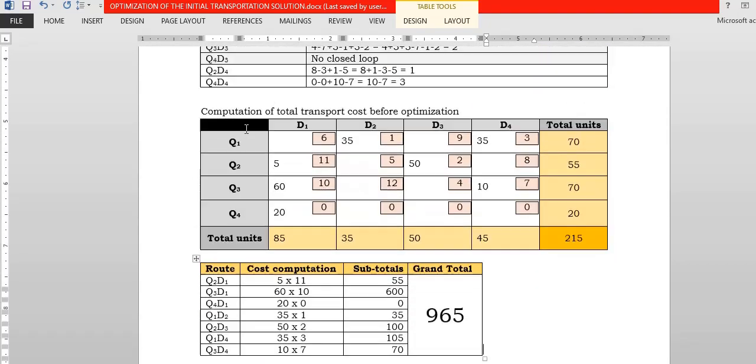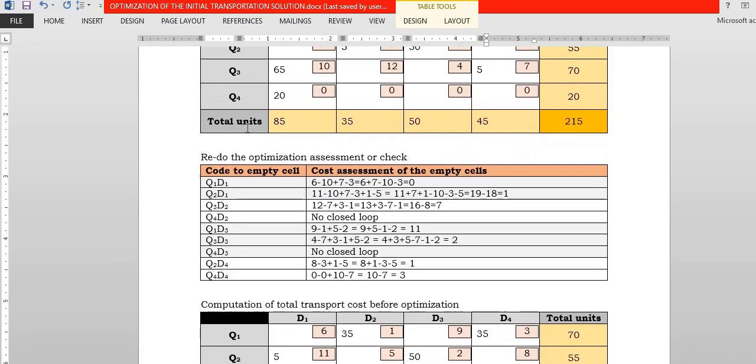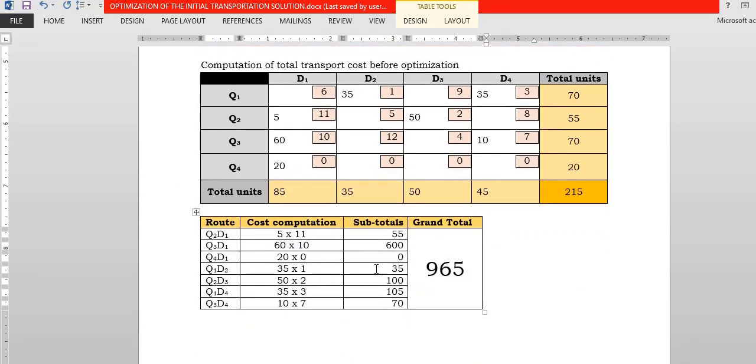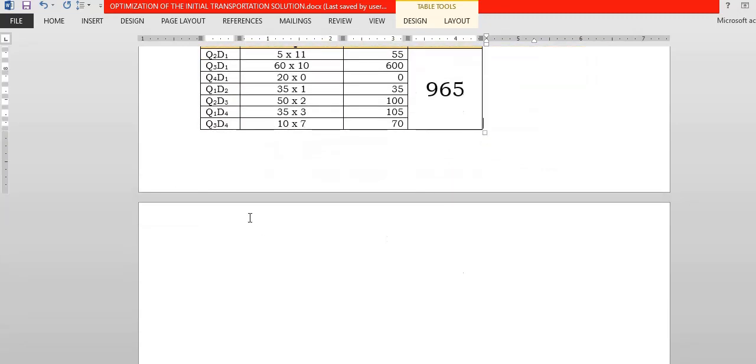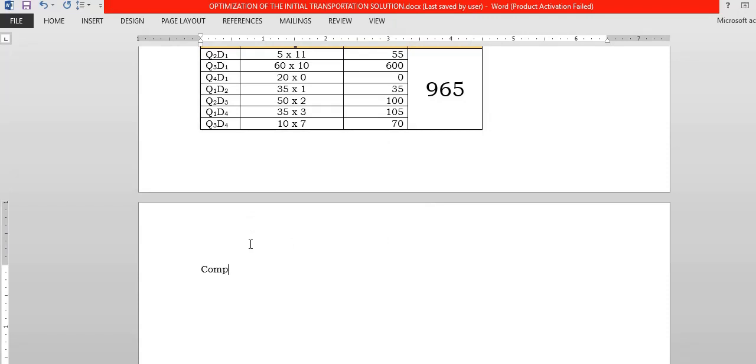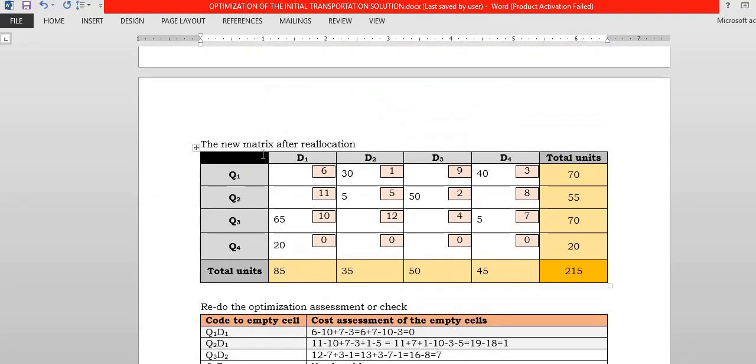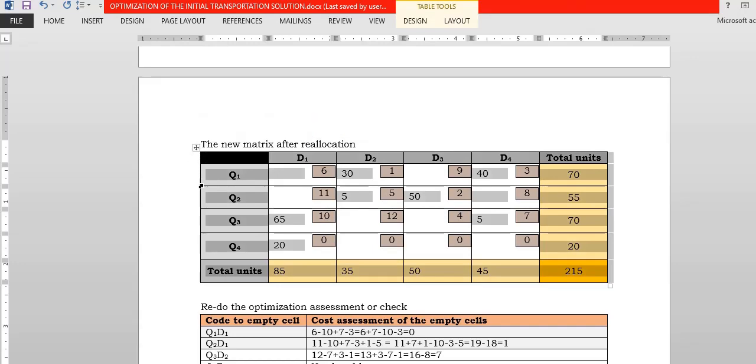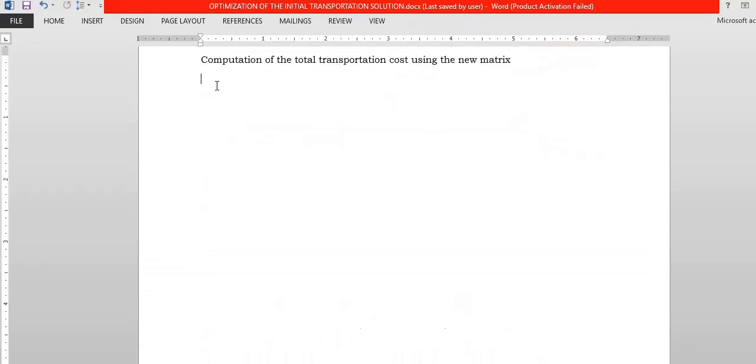I shall say: computation of total transportation costs using the new matrix, to see what actually changed. Copy this one and paste it here.